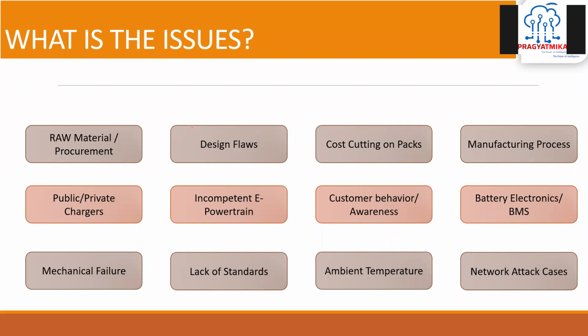Even if you have purchased grade A cells, it has taken 3 or 4 months to come to your country. And during this, what were the transport conditions, under what temperature conditions it was brought, no one knows if it has not been maintained properly. That will degrade your pack. The health of your pack, of your cell, will definitely drop. So mostly it is B grade cells that are available. Even the companies are not selling A grade cells in the Indian market. So that is a big issue that remains.